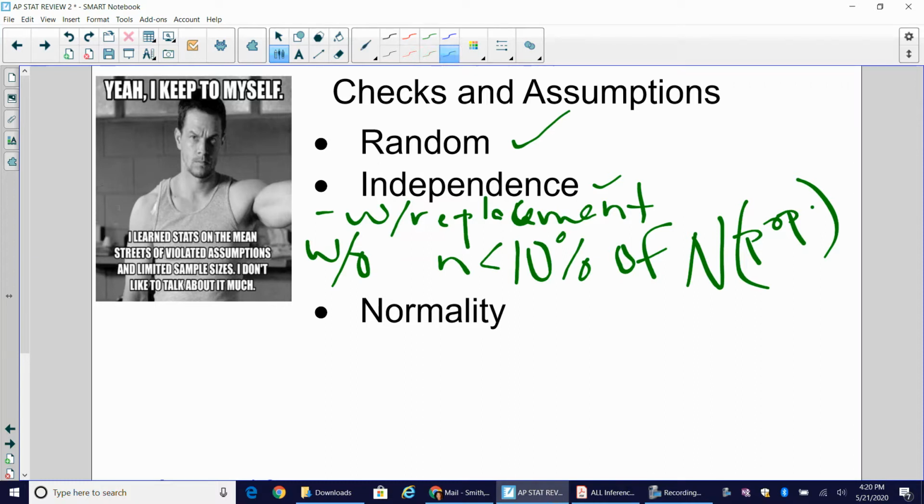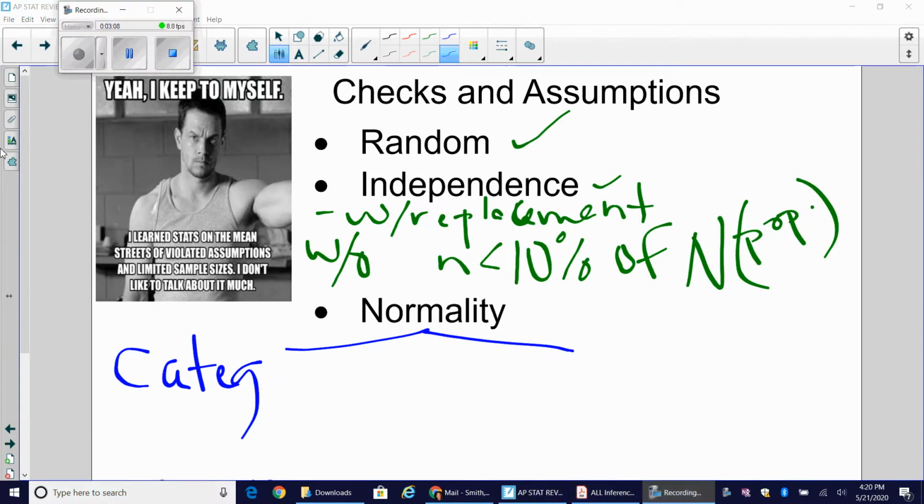And then we come to normality. And normality changes based on whether or not you're working with categorical or working with quantitative. Regardless of which one you're working with, you're going to want to see, is my sample large enough?